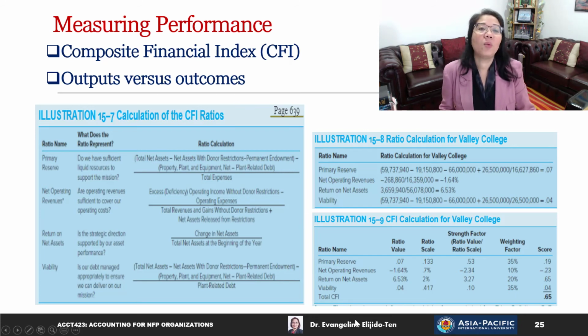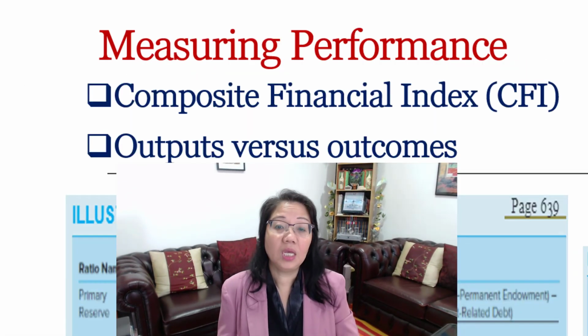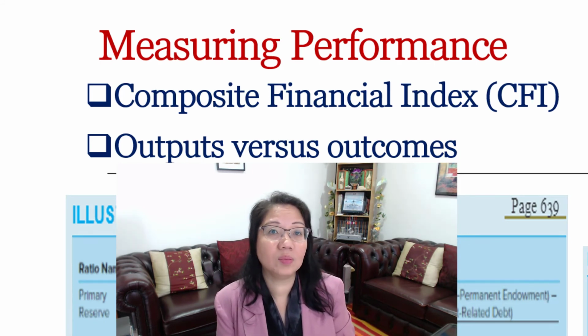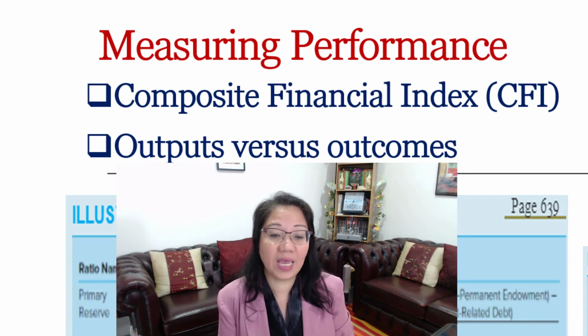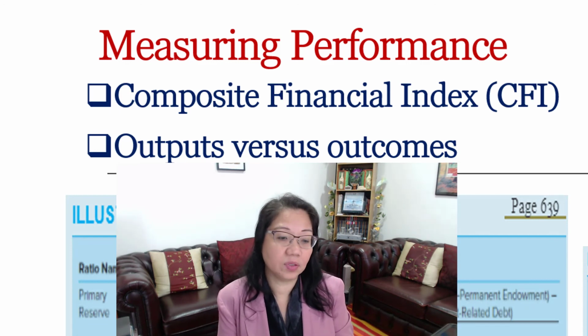All right. Now, apart from the CFI, the outputs as well as outcome measures or non-financial indicators are also important. In fact, in many cases, the student outcomes are more important in terms of getting funding or determining funding levels.